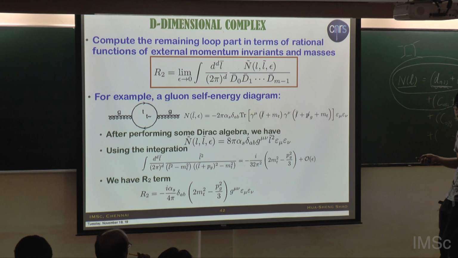This is proved in Dinner's paper, I think. Why does the R2 term only relate to the UV? Yes, it depends only on the UV. In principle, naively, you think it should also depend on the IR poles, right?